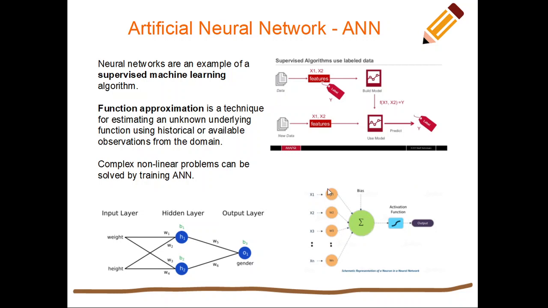A neuron will have multiple inputs, and its job is to take all those inputs, multiply them by the weights that each connection has, and then add some bias to it. This combined output is then passed through an activation function. The activation function introduces non-linearity, and we get an output here.